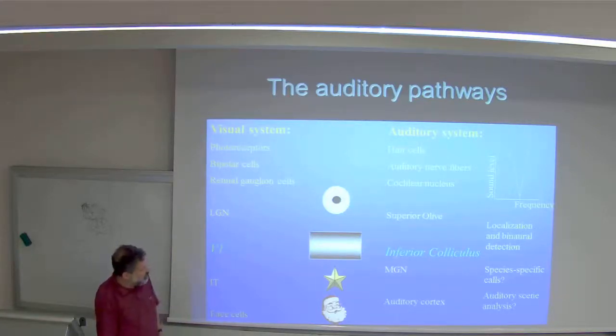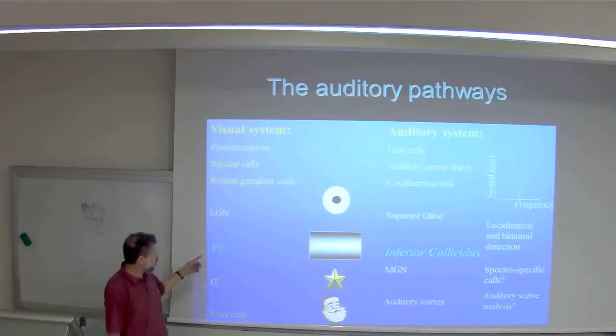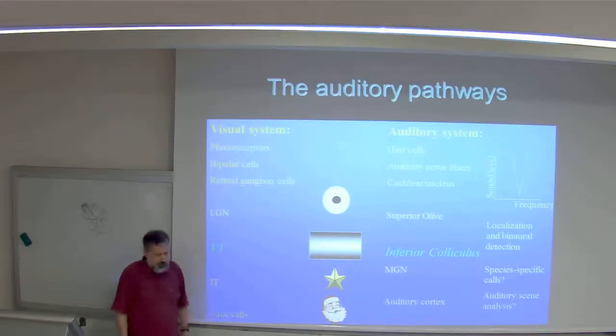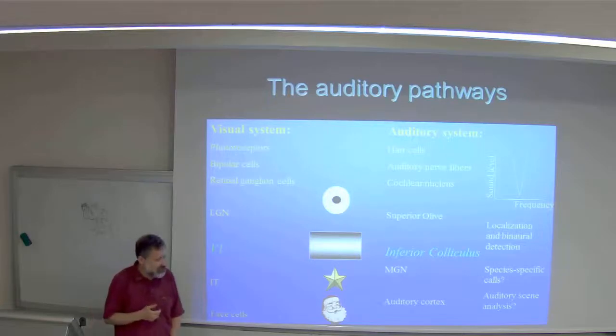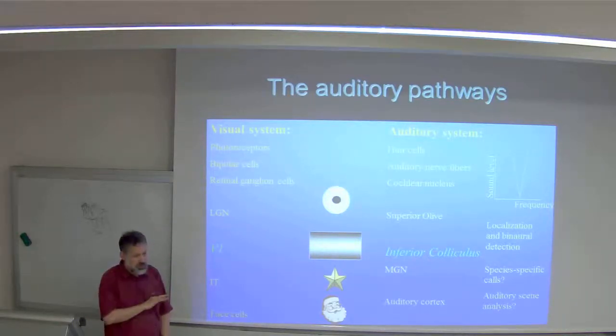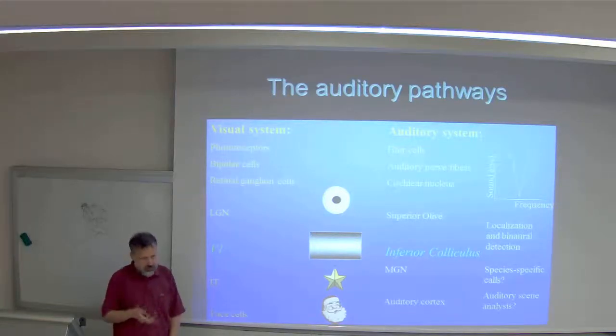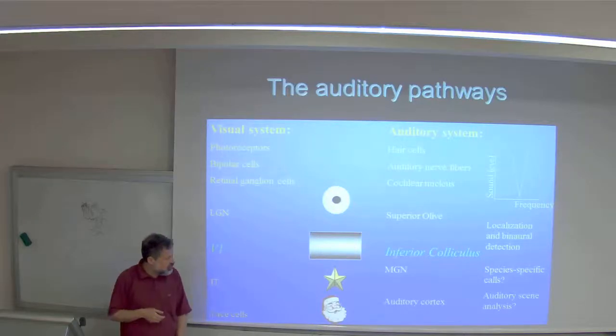You didn't learn yet about V1. V1 was serving for many years as the paradigmatic example of a sensory cortex. Auditory cortex is not like V1. It does other things, and I will try to argue that it does actually higher order type of processing.